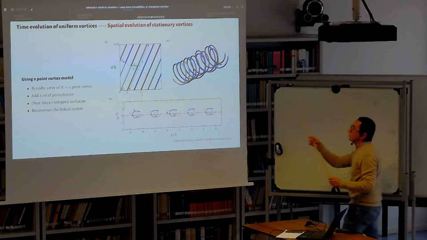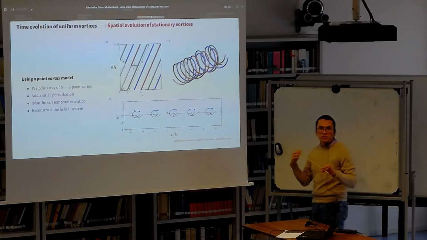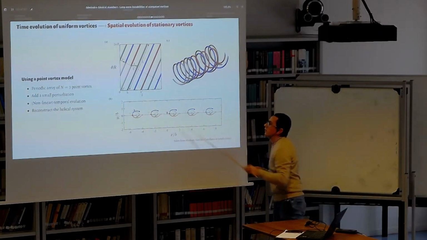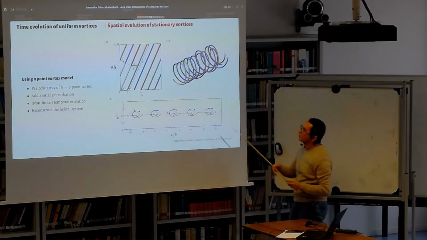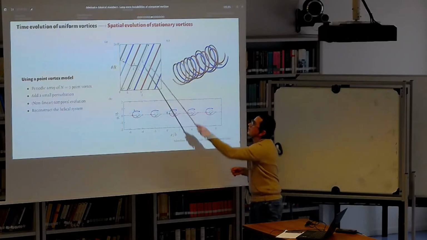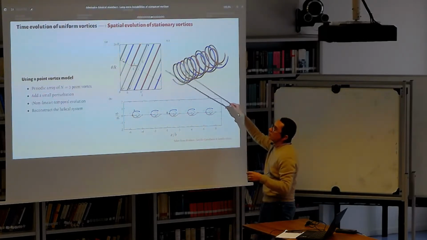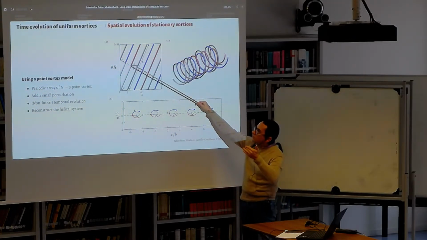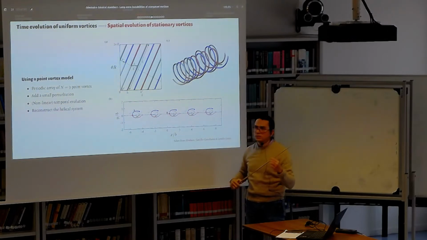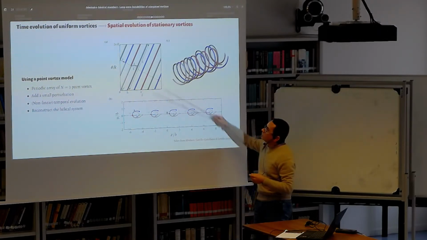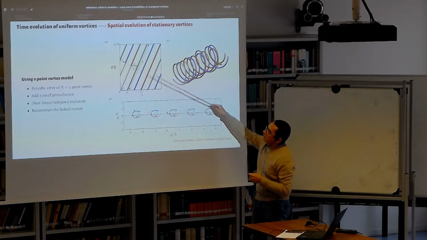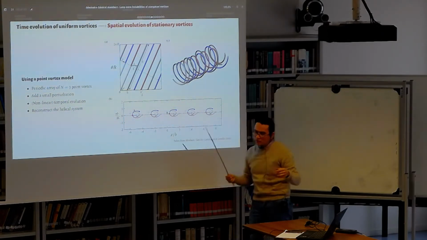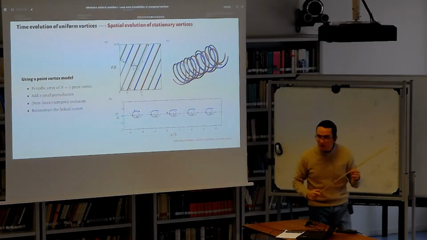So if we take a uniform helix and unroll it on this developed plane, what we see, if you look at the helix from this angle, is sort of an array of periodic vortices. So we're going to approximate the dynamics with a model based on point vortices.